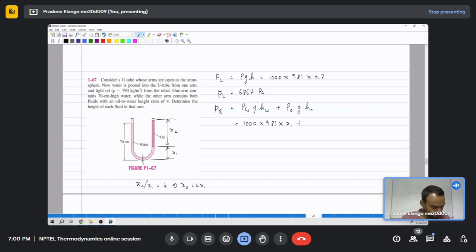So I will have rho of oil, given as 790, into 9.81 into the height of oil, x2, which is 4x1. Then taking x1 as common, you will have the other terms: 9810 plus 790 into 9.81 into 4.